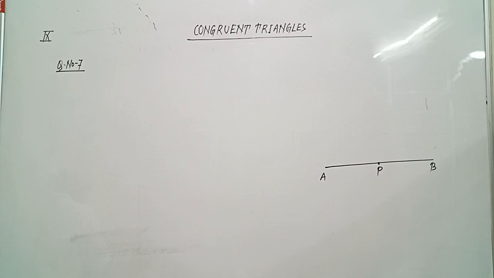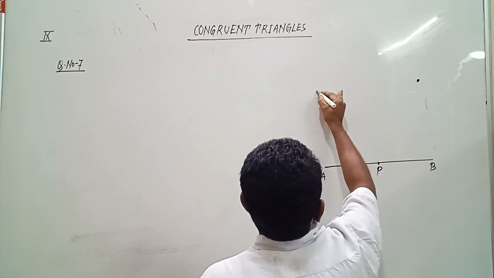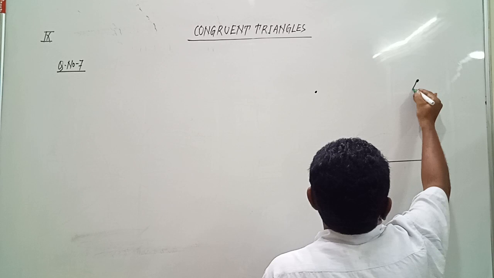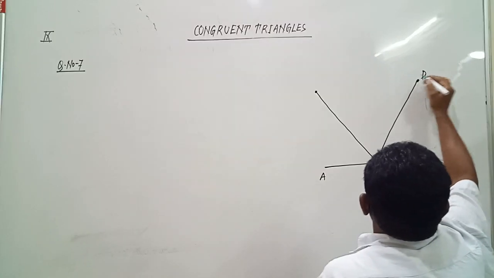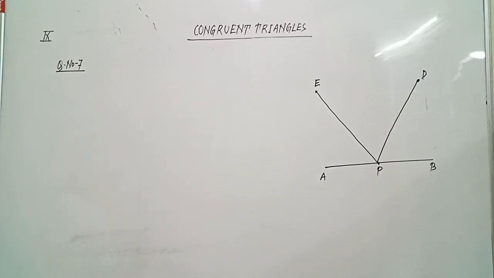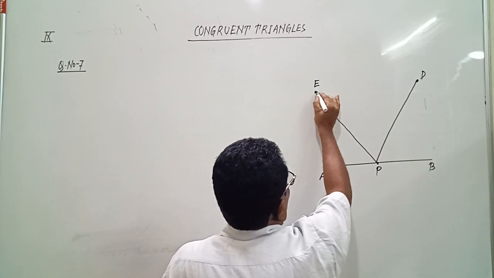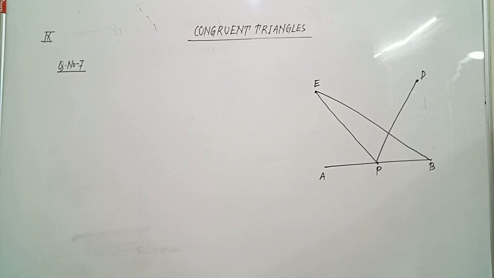D and E are points on the same side of AB such that angle BAD equals angle ABE. Join B to E and D to A.